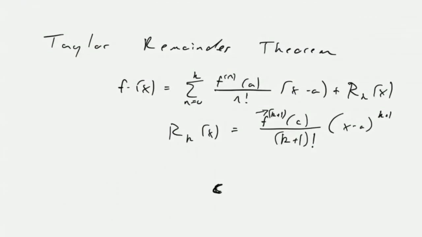So if we're approximating our function on some finite interval centered at a, this value of c is just some point in here. And again, we don't know exactly what c is going to be. Maybe c is over here, maybe c is over here. We don't know where c is. So there's still some unknown quality about this because we don't know what c is.